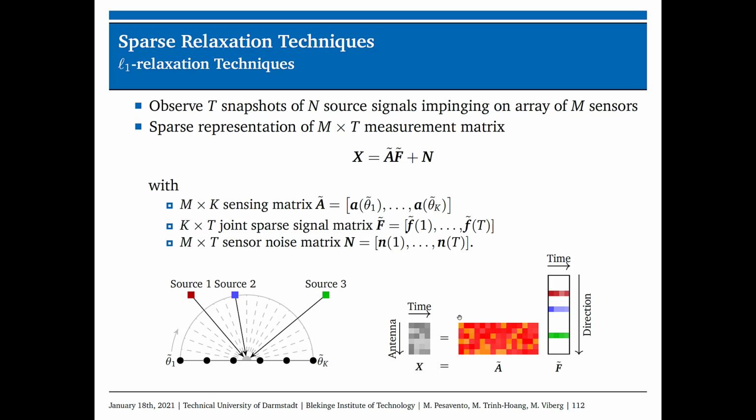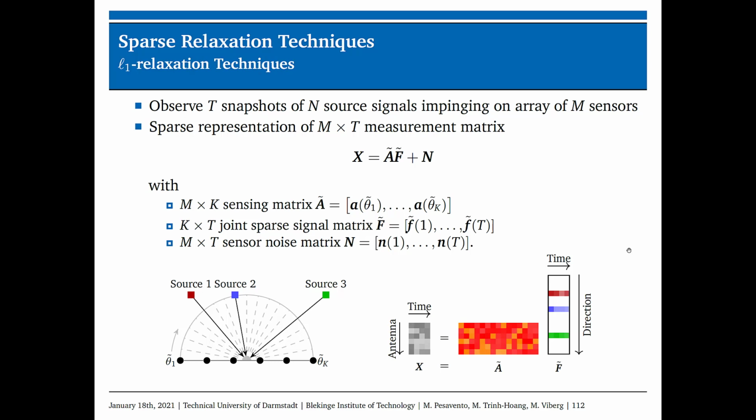For the ideal model with the true sources on the grid, the matrix F tilde is a row sparse matrix. So the rows of F tilde that correspond to the true source location contain the signal waveforms in that corresponding row, and the other rows are identical to 0.